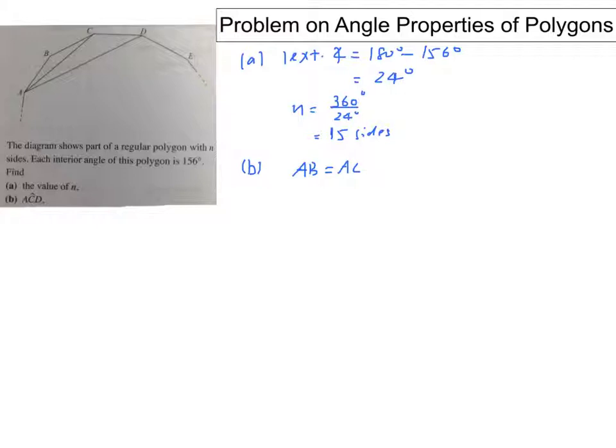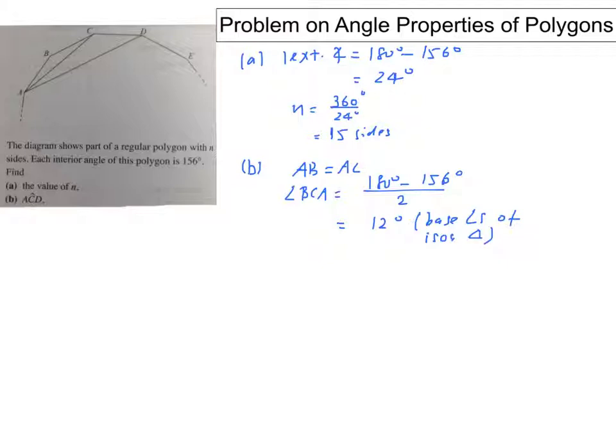So as a result, angle BCA will be 180 degrees minus 156 degrees, divided by 2. Okay, and this will give us an answer of 12 degrees. Okay, because of the base angles of our isosceles triangle.